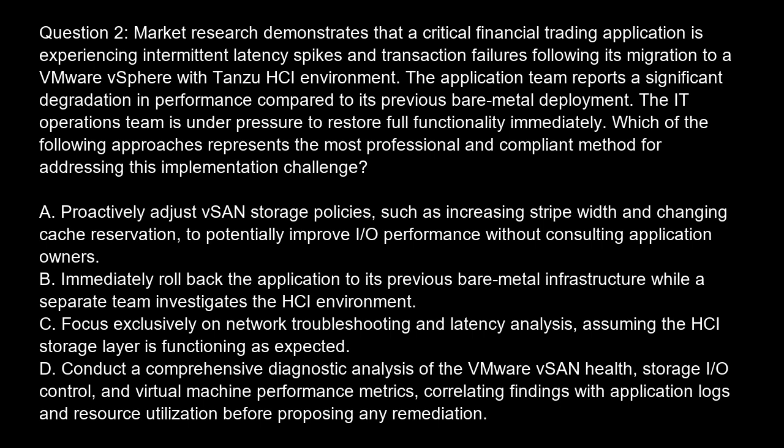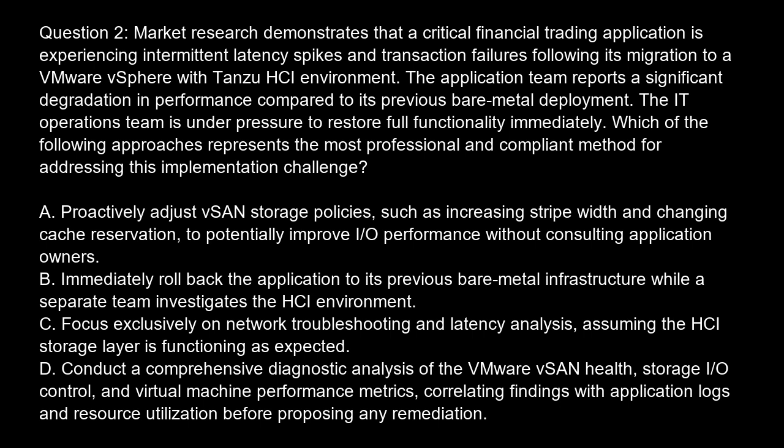Option A. Proactively adjust vSAN storage policies, such as increasing stripe width and changing cache reservation, to potentially improve I/O performance without consulting application owners. Option B. Immediately roll back the application to its previous bare metal infrastructure while a separate team investigates the HCI environment.